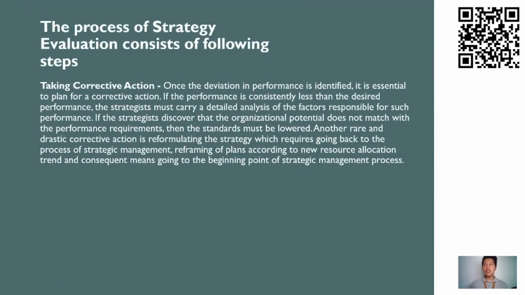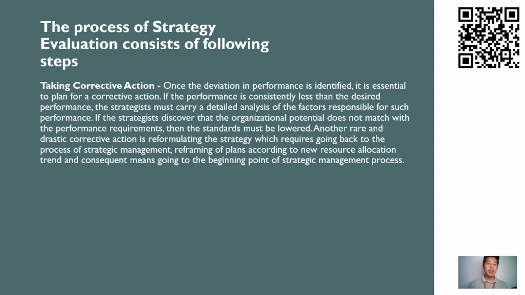Then we have taking corrective action. Once the deviation in performance is identified, it is essential to plan for a corrective action. If the performance is consistently less than the desired performance, the strategists must carry out a detailed analysis of the factors responsible for such performance. If it is discovered that the organizational potential does not match the performance requirement, then the standard must be lowered.